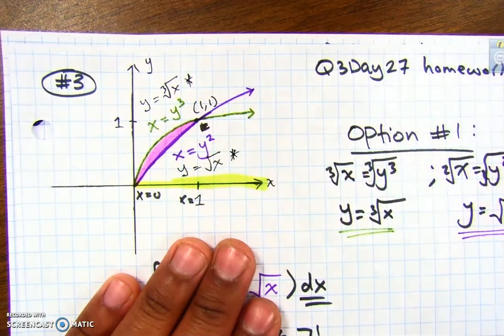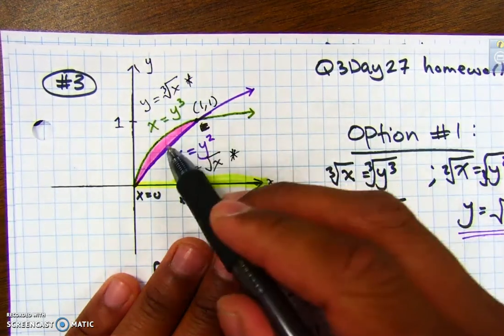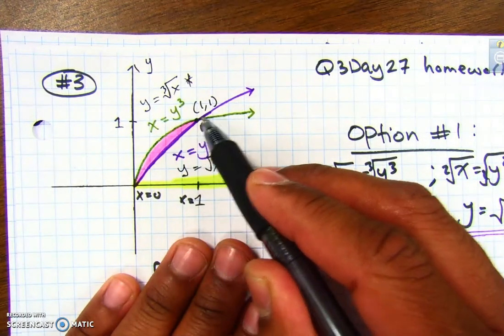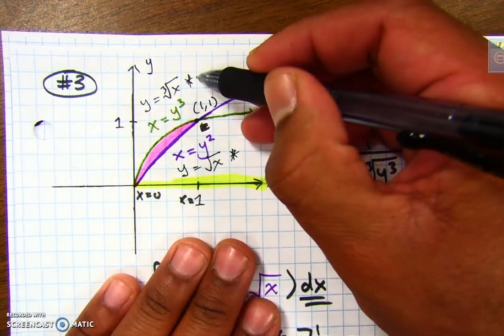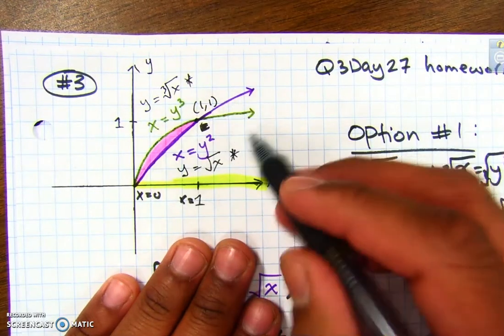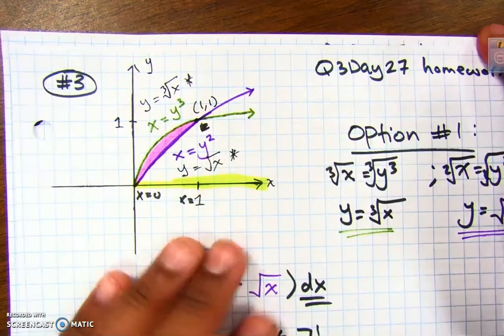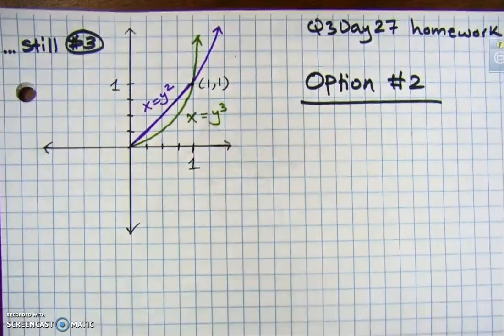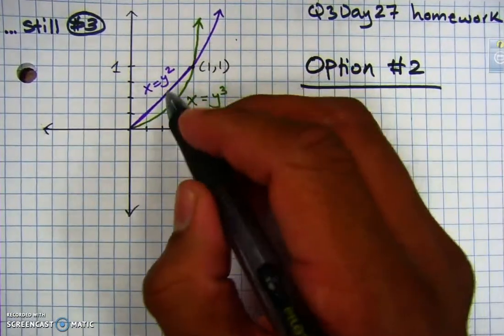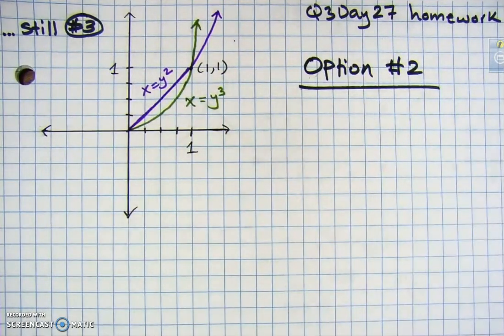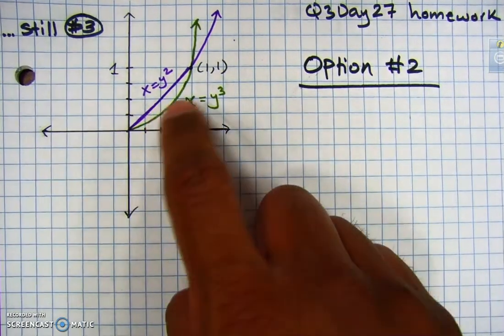If you have it handy, you'll see that the green graph actually relates to the cube root of x, and the purple one to the square root of x. So if you don't want to change this to y equals the square root of x and y equals the cube root of x, then you have to draw the inverse function.